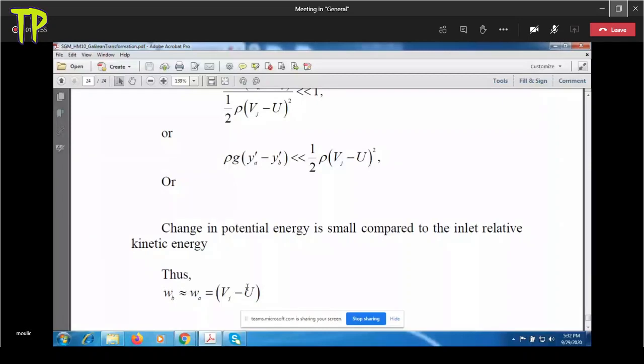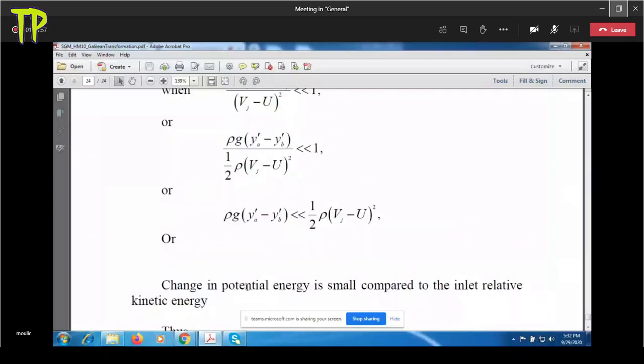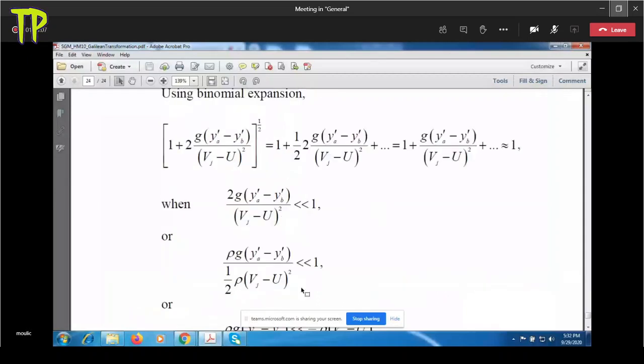Now, a word of caution here. Whenever you say a dimensional quantity is small, you have to quantify how small is small. If the number is a non-dimensional quantity, then you simply say it's much less than 1. Now, the same statement here I have written in a different way.